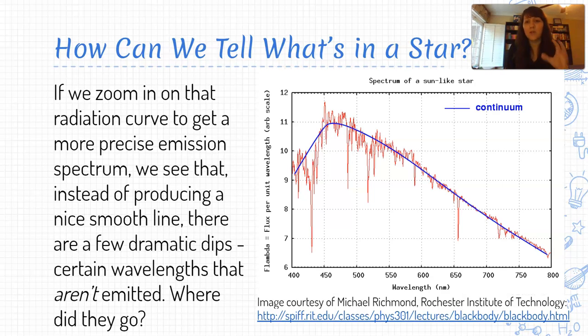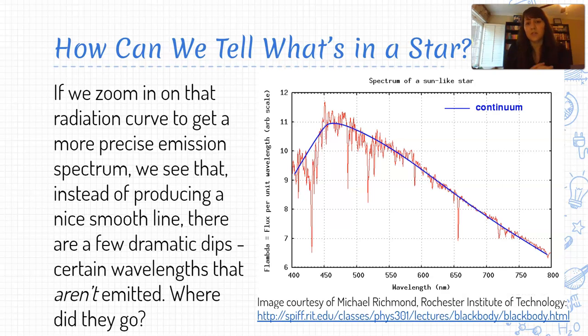But if we look at the actual amount of light being emitted by a star at different wavelengths, it looks more like the red curve that you see here. And that red curve is what we would call an emission spectrum, where we're seeing the different wavelengths that are being produced by this star, being emitted by this star.